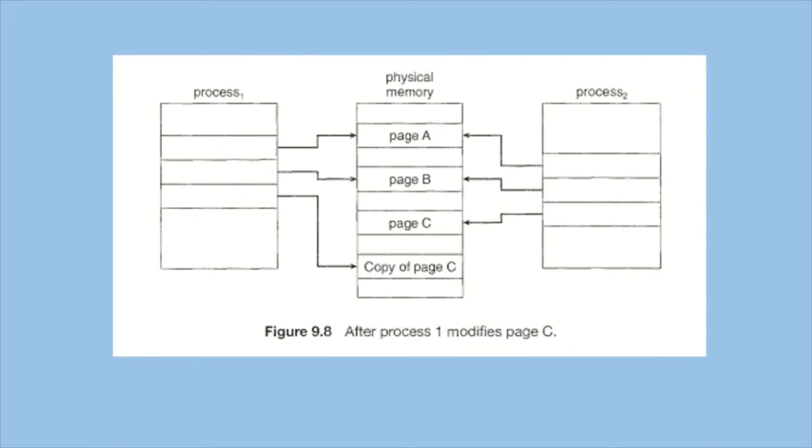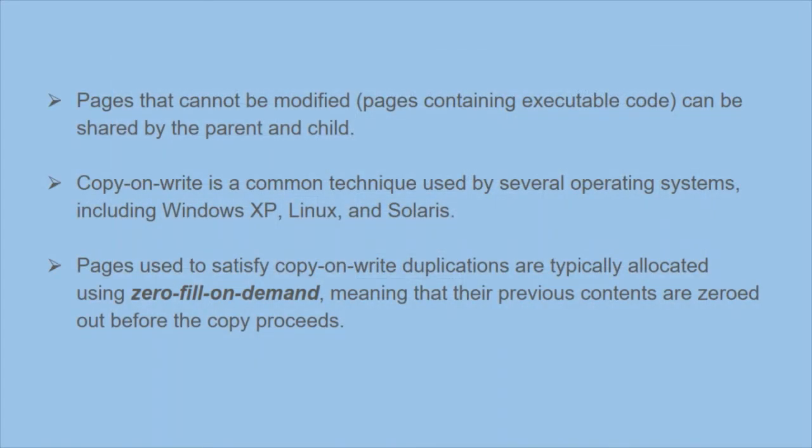So in this example, process 1 has not yet modified page C in the physical memory. Now process 1 has modified page C. All unmodified pages are just their shared physical memory. So if process 1 modifies C, it makes a duplicate so that only it can access that physical memory or page. Pages that cannot be modified can be shared by the parent and child.